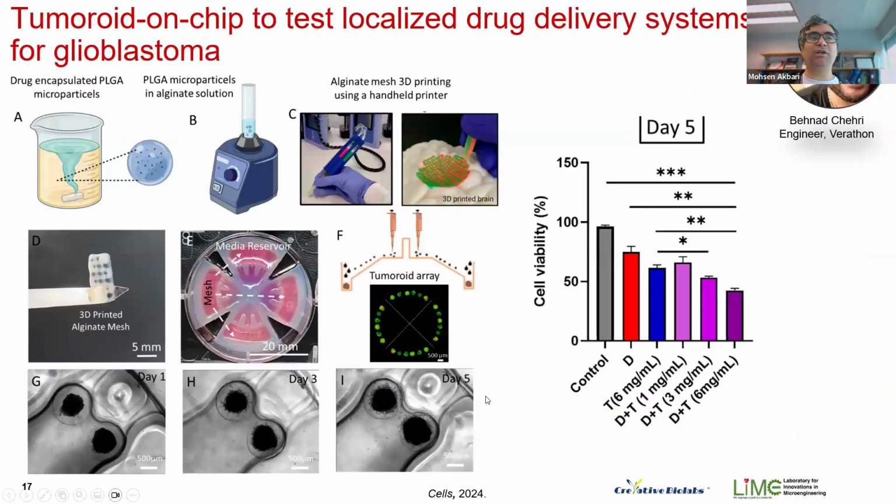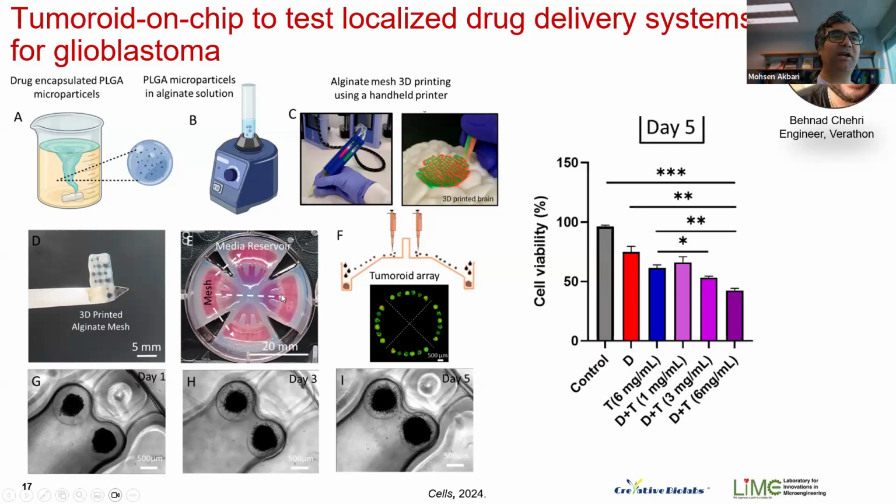testing, we think that using this Tumoroid-on-a-plate platform is a useful tool, and for that reason we used our handheld 3D printer to directly 3D print the mesh, for example, into this media reservoir that I showed you before in the Tumoroid-on-a-plate system.